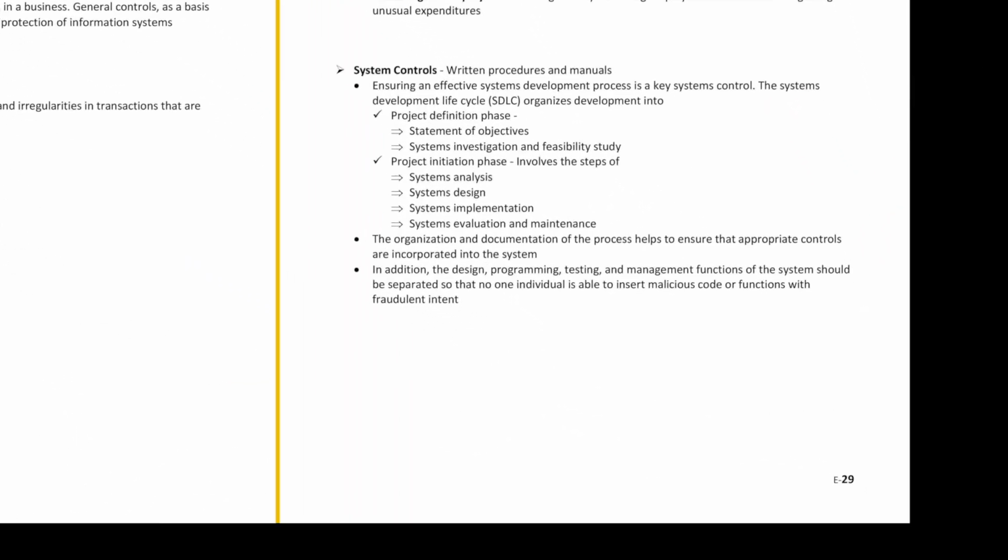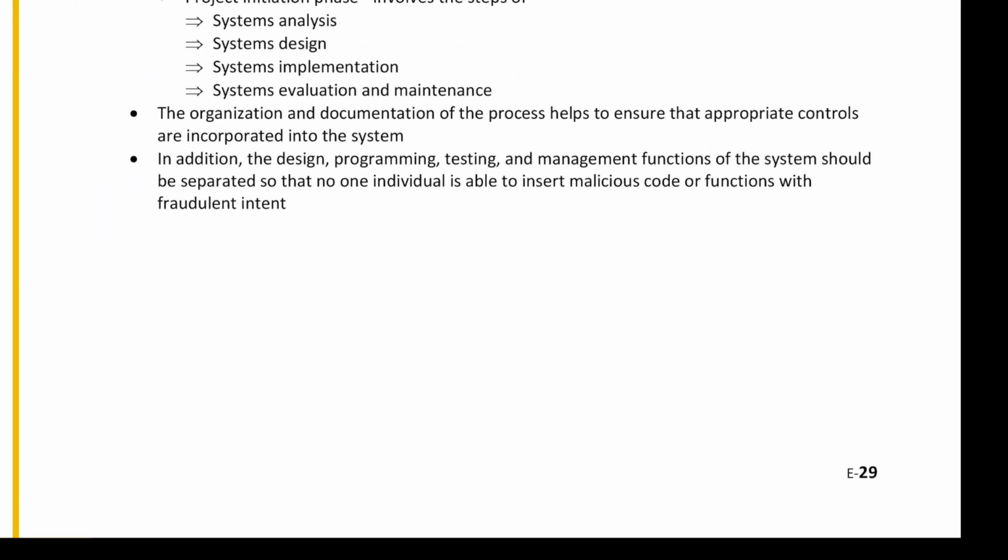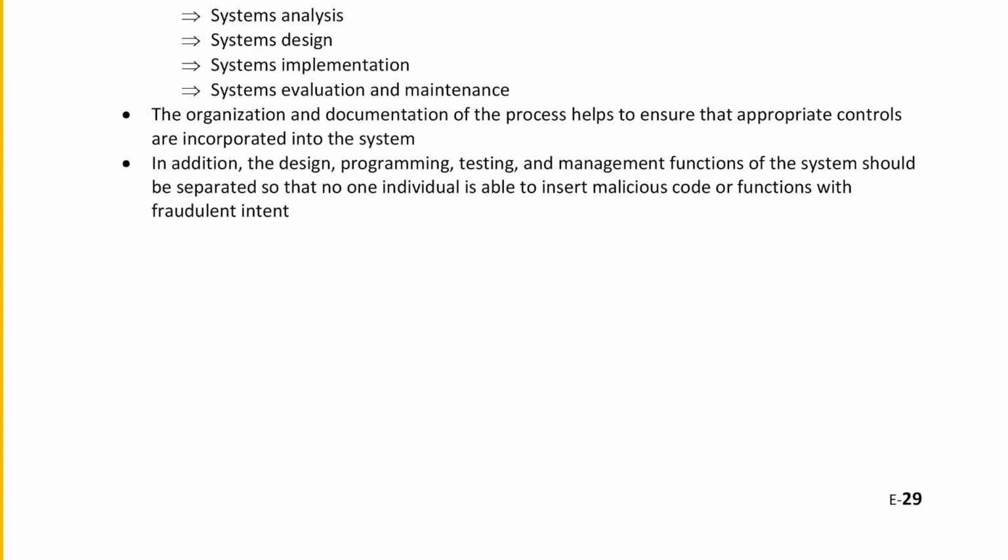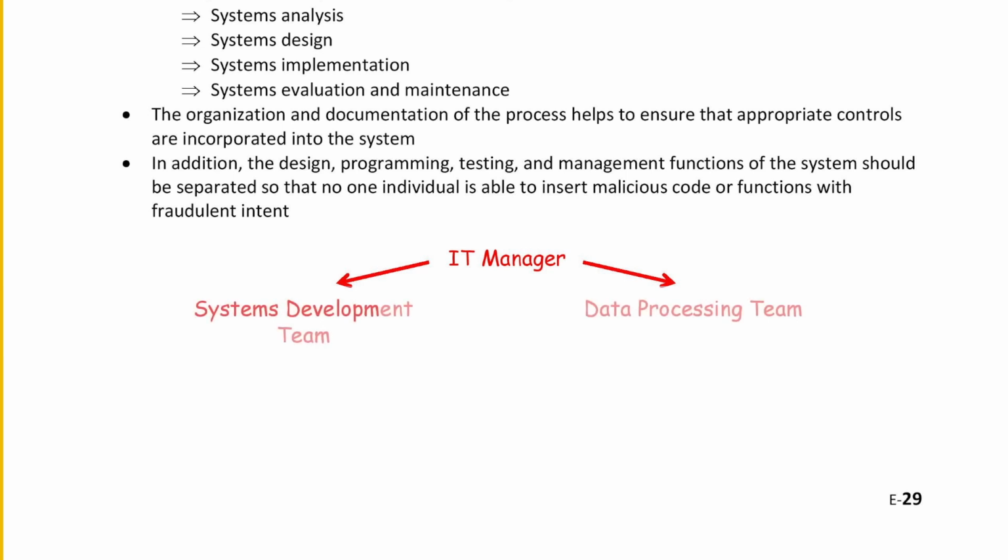Get to page 29. And towards the bottom of the page, let's draw out the segregation of duties that we saw could improve internal controls in IT environments. So the boss here is an IT manager who could have two teams working under him, systems development team and a data processing team.